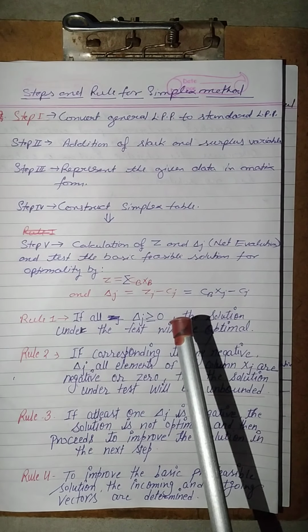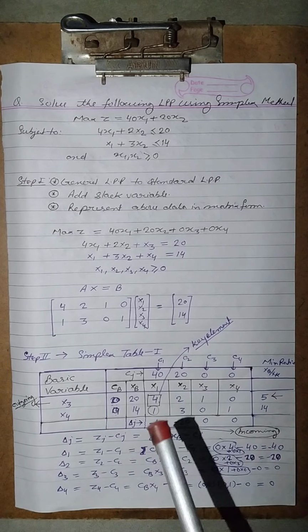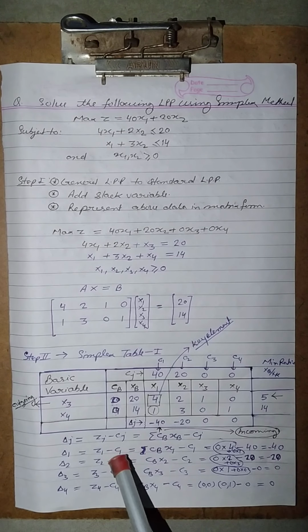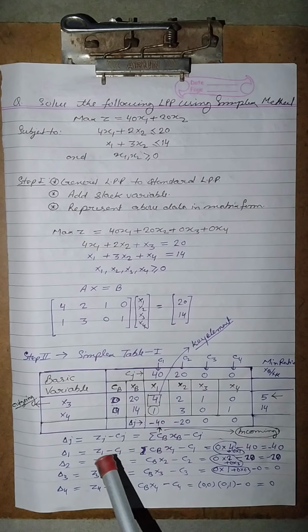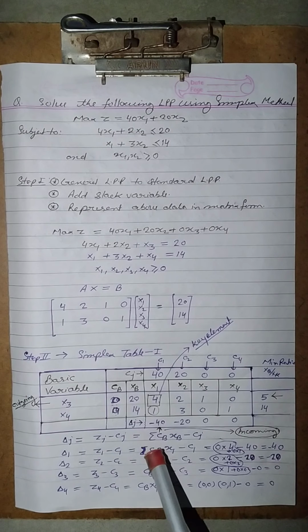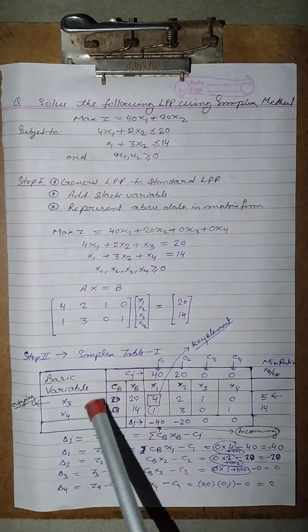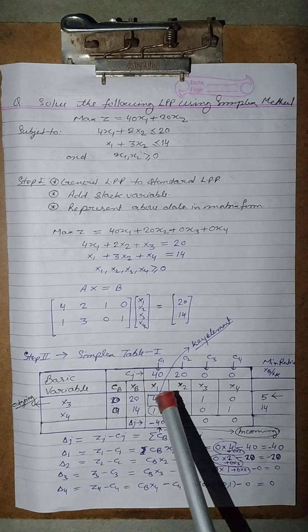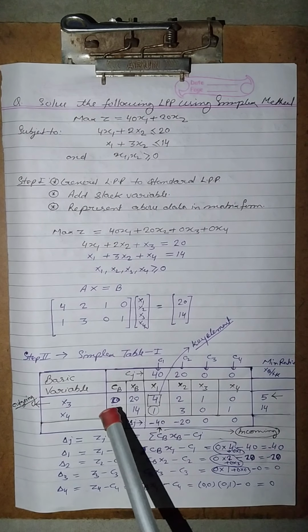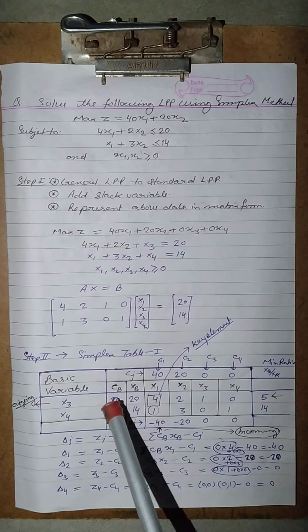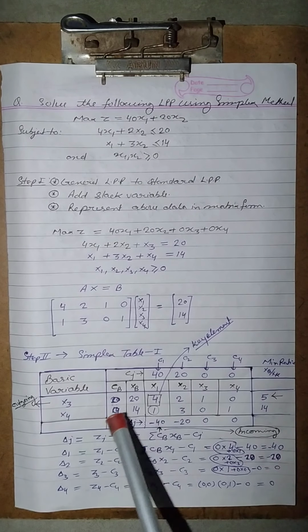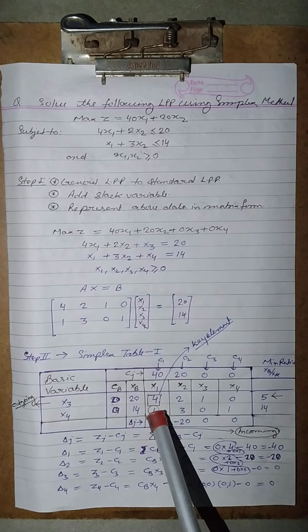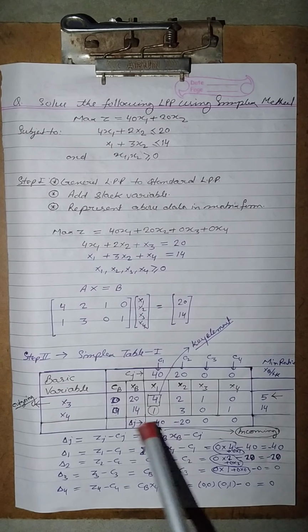If you want to find delta 1, delta 1 is z1 minus c1. Here z1 equals CB times x1, where CB is this column multiplied element wise with x1: 0 times 4 plus 0 times 1 equals 0, minus c1.